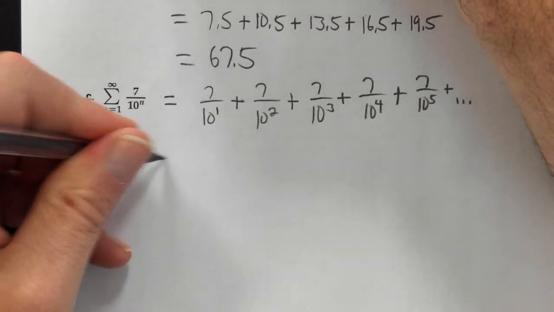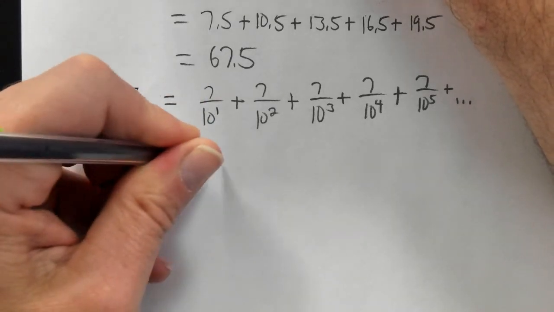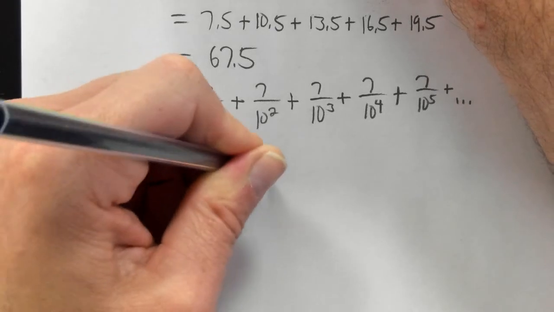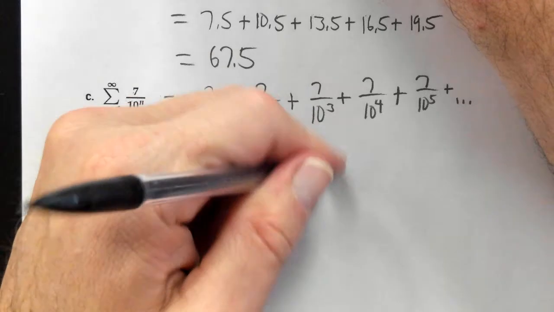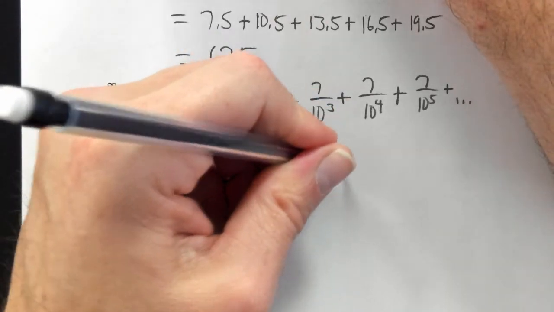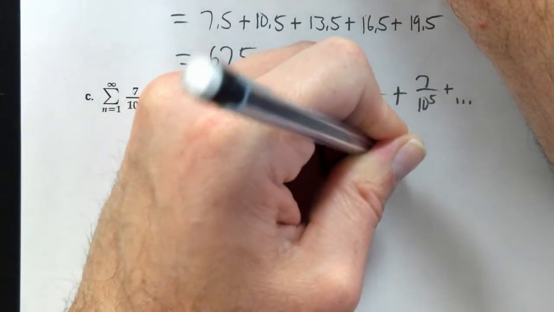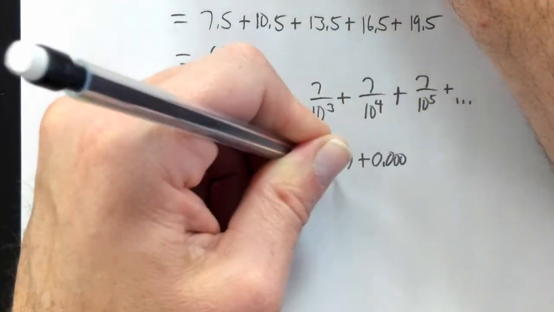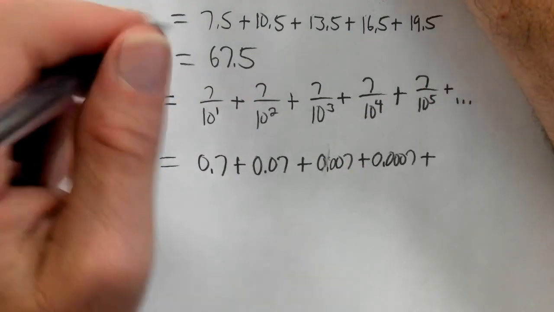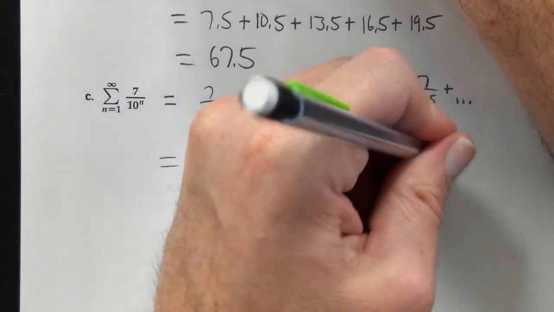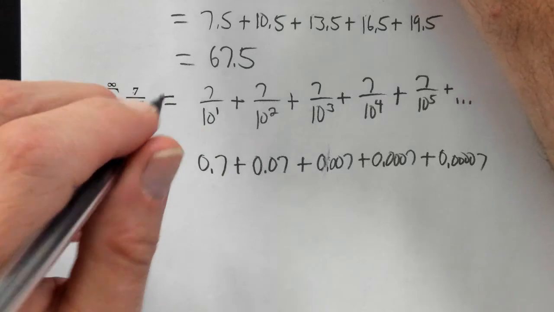So let's see if we can tell if this thing converges or not. So this would be 0.7 plus 0.07 plus 0.007 plus 0.0007 plus, and so on.